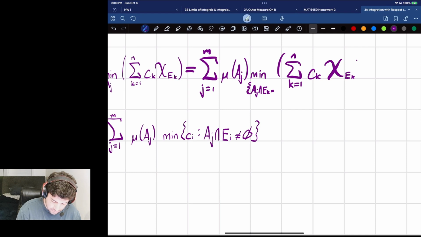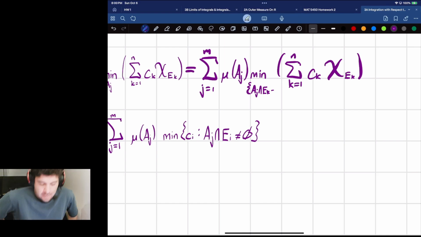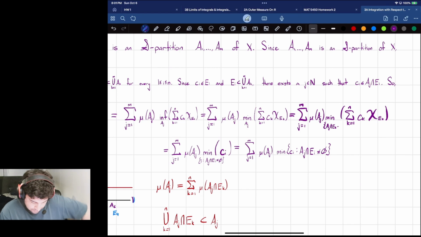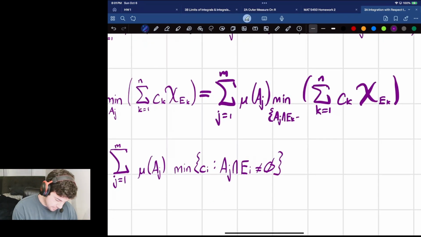So we're basically taking the intersection of A_j and, oops, this is supposed to be not empty.